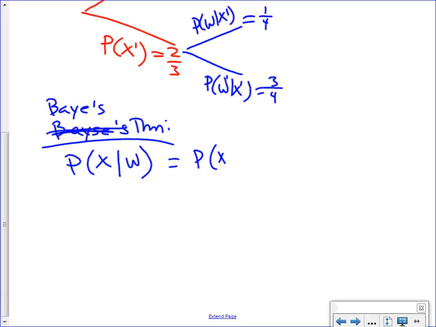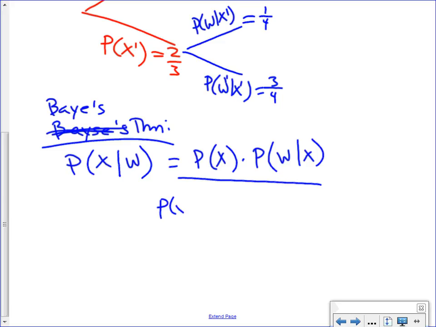So it would be the probability of X times the probability of winning given X, over this same thing copied down, the first part of the bottom equation.